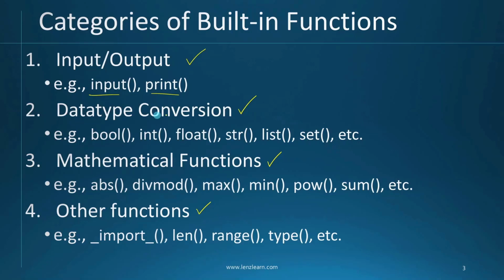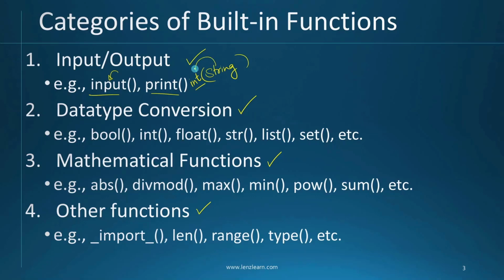Next we have data type conversion, which we have also seen in some of our programs. For example, when you read a value using input, by default the value is read as a string. If you want to convert that string to a number, you have to use the function called int.